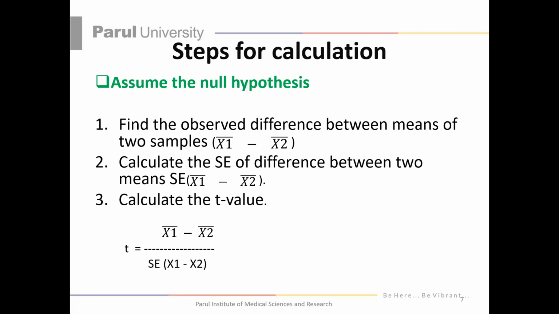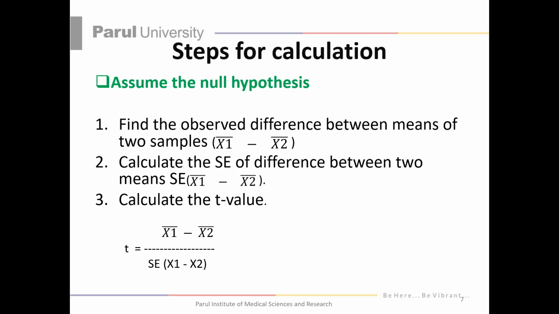First, assume the null hypothesis, meaning the very first step is to assume the pair of hypotheses, null hypothesis and alternative hypothesis. Second, find the observed difference between the means of the two samples. Calculate the standard error of difference between the two means and calculate the t value, meaning t calculated or t statistic.